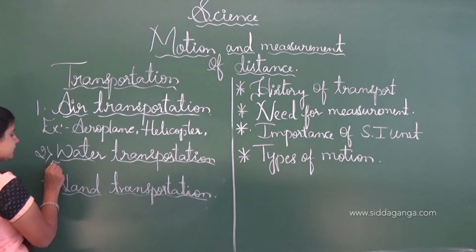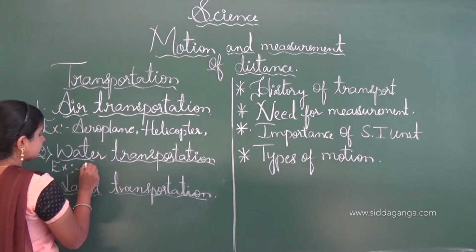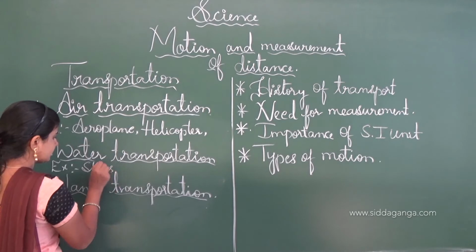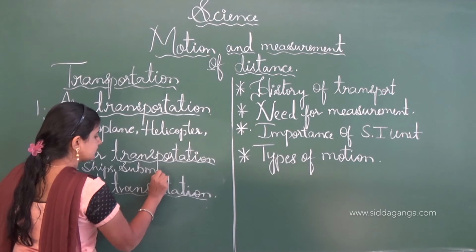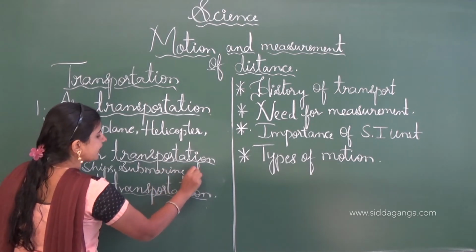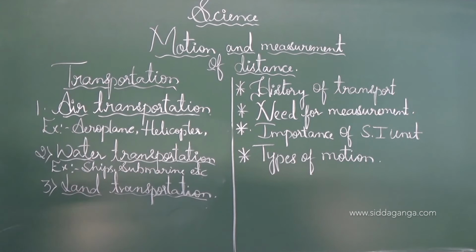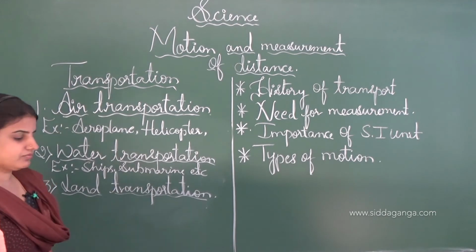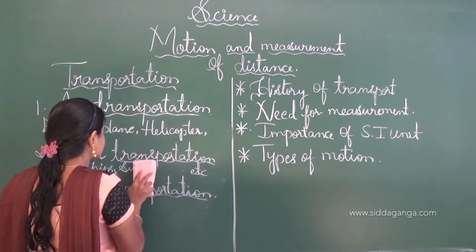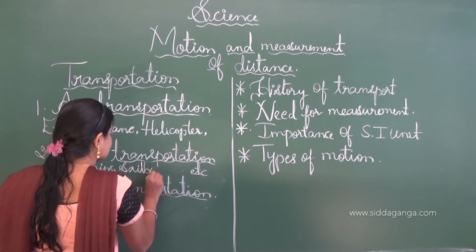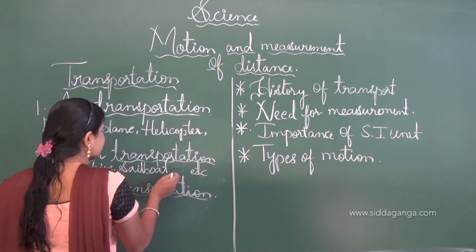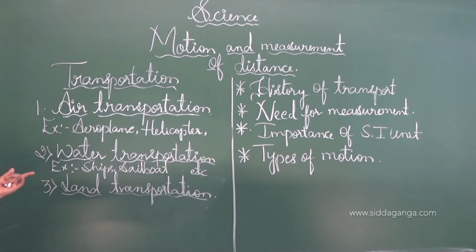Examples for water transportation are ships, submarine, boat, sailboat, etc. These are the examples of water transportation.